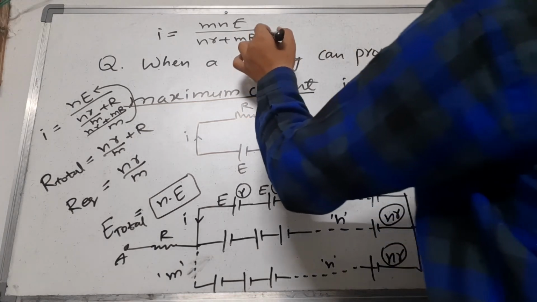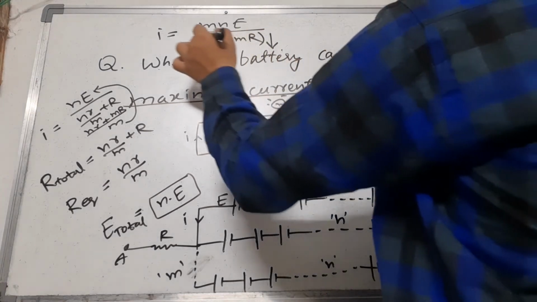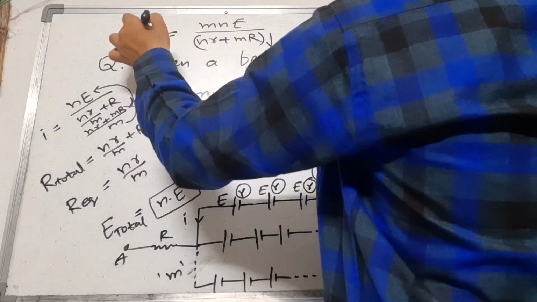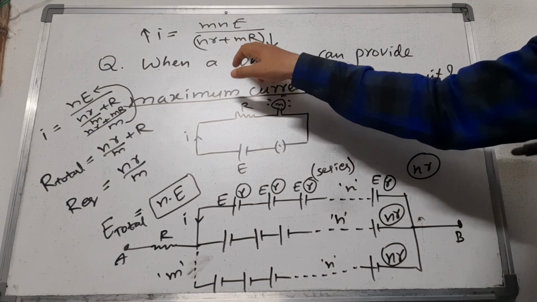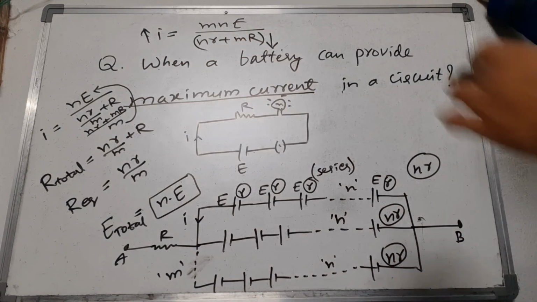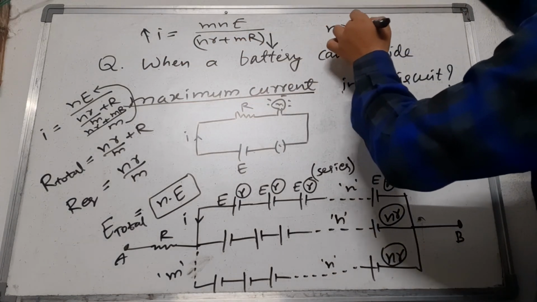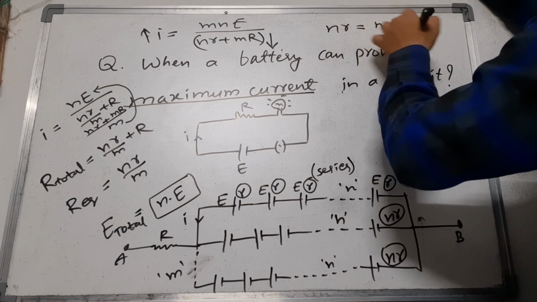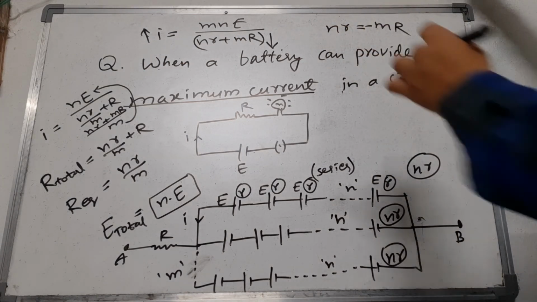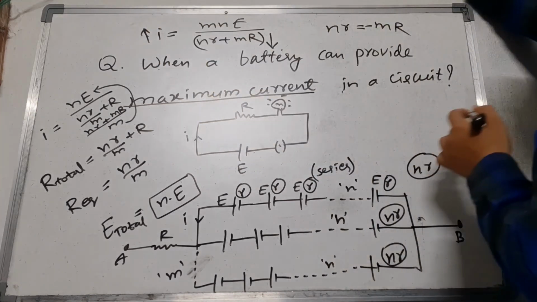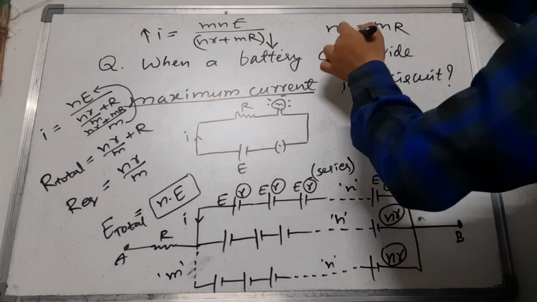So this denominator should be minimum. This value should be minimum to get this maximum value. So we get that NR must be equal to MR. Okay, so then what happens? This will be maximum. So from this what we'll get?